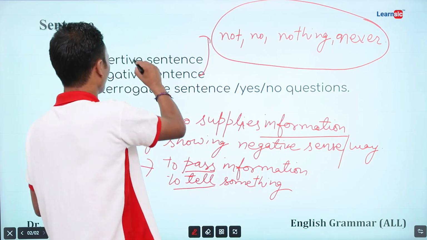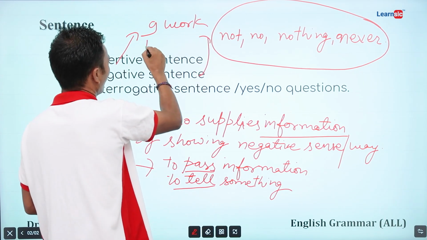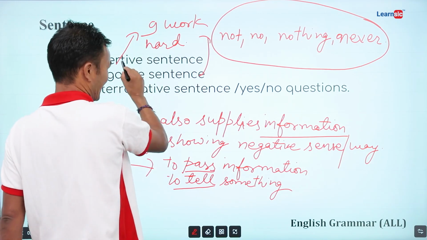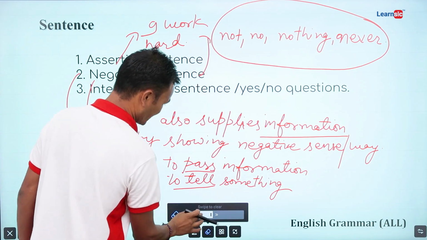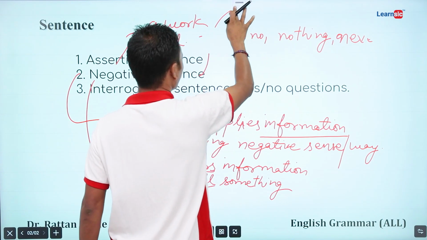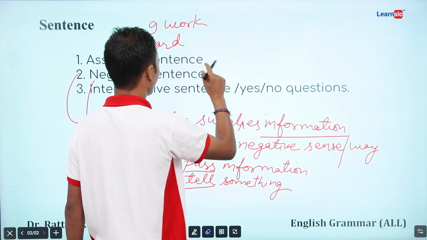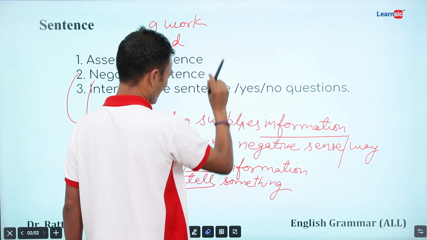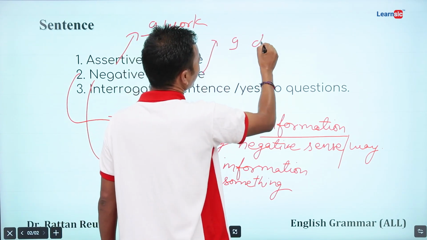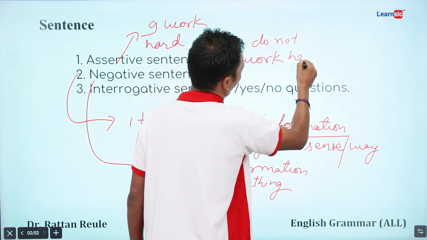Look, very simple: "I work hard" is an example of an assertive sentence. If you want to change the same sentence into a negative sentence, what you can do is say, "I do not work hard."